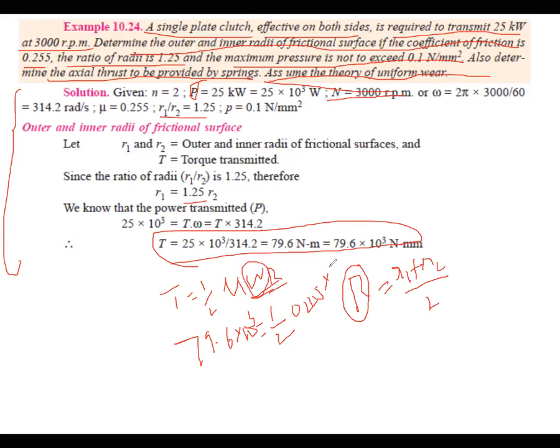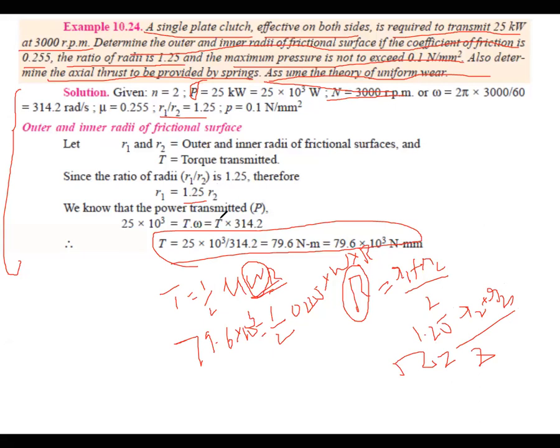The thrust has to be calculated, so W is the value to be determined, and R. We know R already, R1 plus R2 by 2. So what is R1? 1.25 into R2 plus R2, by 2. By solving this, you will get the R2 value in terms of this, then you can substitute this value.